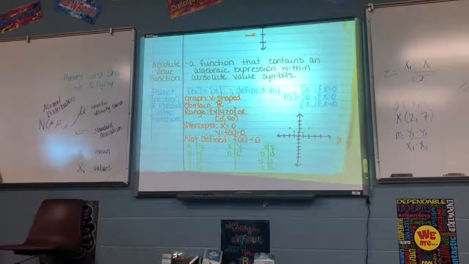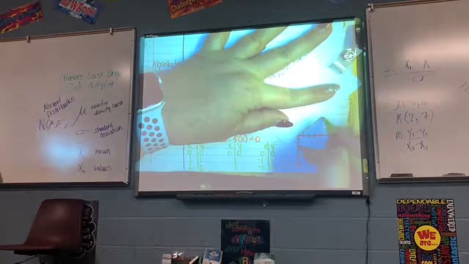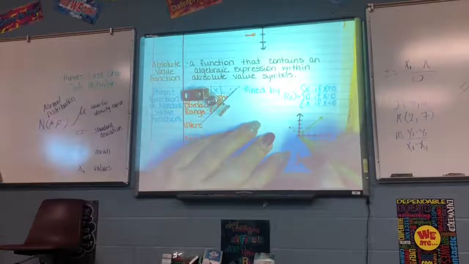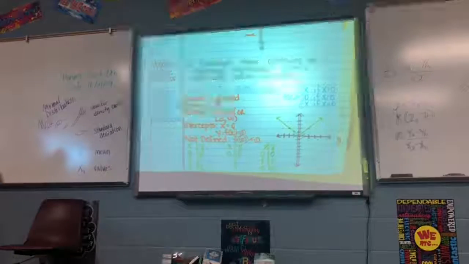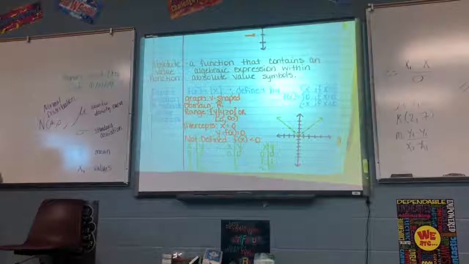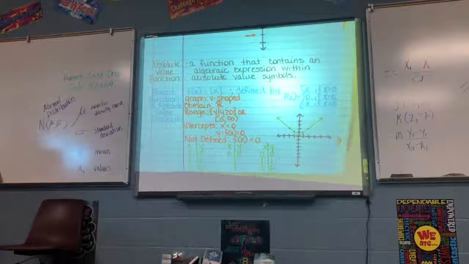And I can use my ID to create my V shape. Questions about what I've done there?